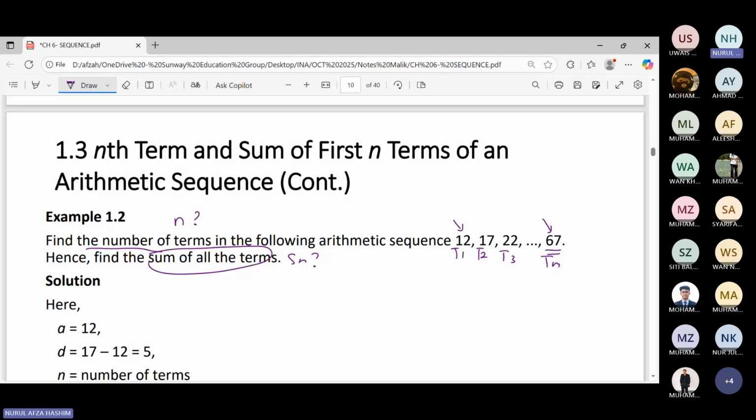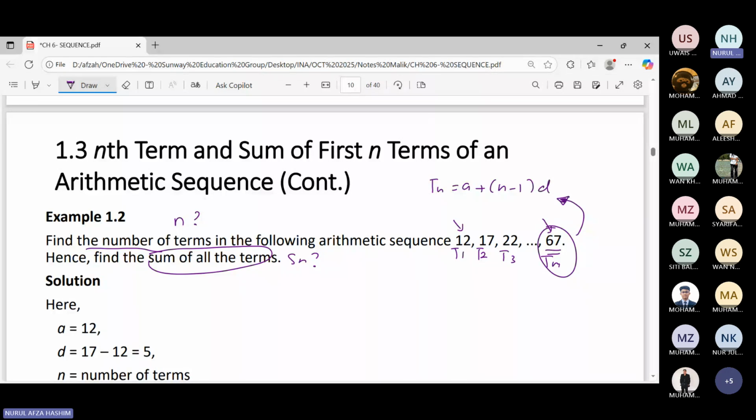How to find the n? Because you know only the last place, the value at n must be 67. And then you know that the formula should be Tn equals to A plus n minus 1d. So the 67 here, how you substitute in the formula? Where is the 67 place?